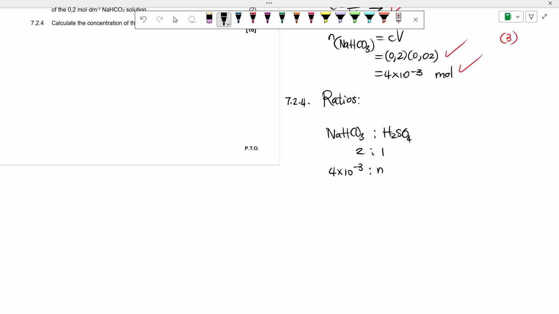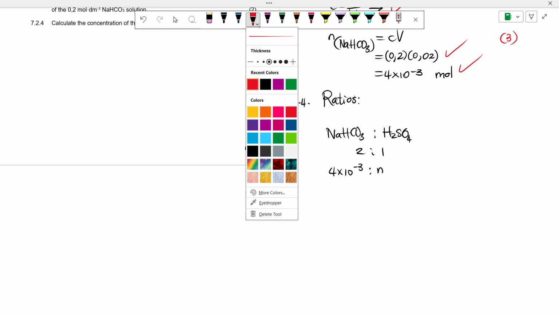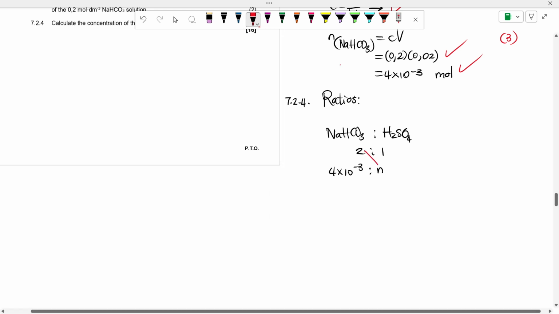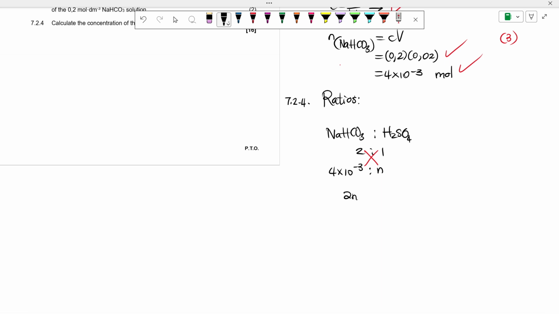So let me do the cross multiplication first. That multiplies that, that multiplies that. Good old ratios, very easy. 4 times 10 to the power negative 3. Then I specify I'm doing number of moles of H2SO4, and I find 2 times 10 to the power negative 3 mole.